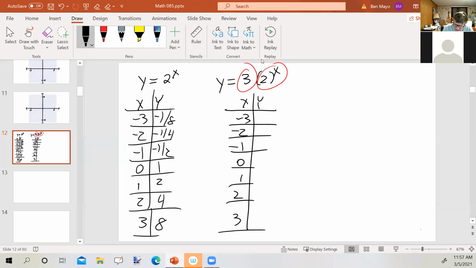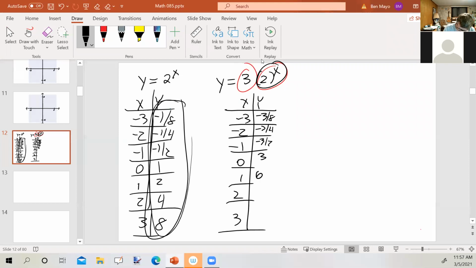What would that 3 do? Wouldn't it triple those y values? Because you do 2 to the x, which would give you that. So this is going to be 3/8, 3/4, 3/2, 3, 6, 12, 24. So this would get multiplied by the 2 to the x.